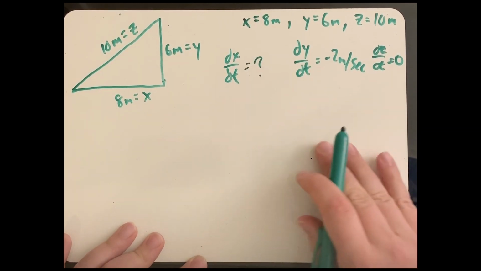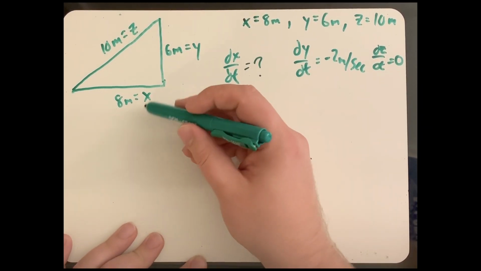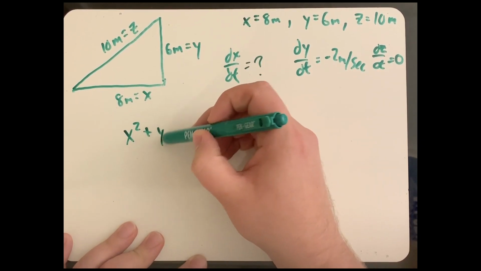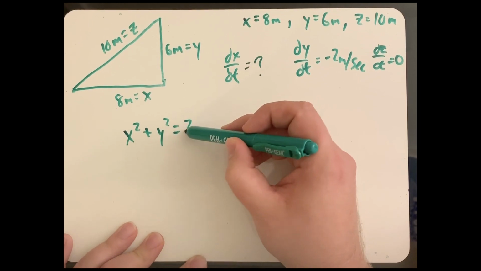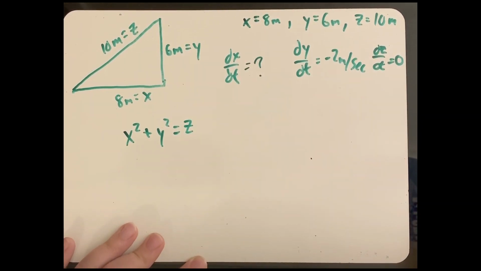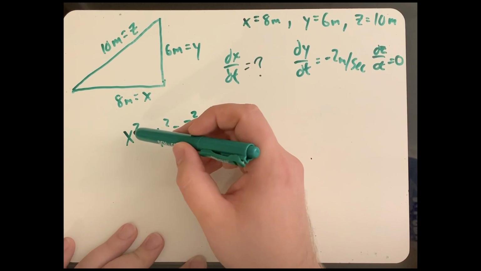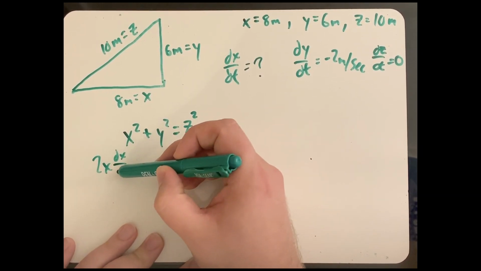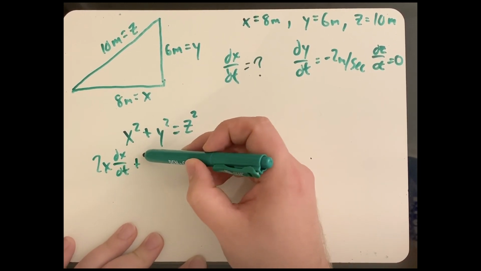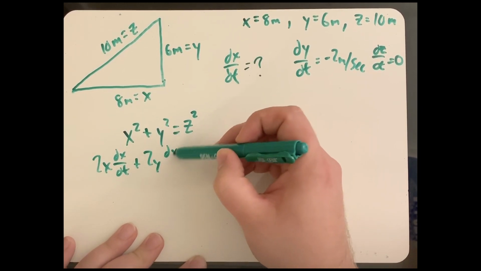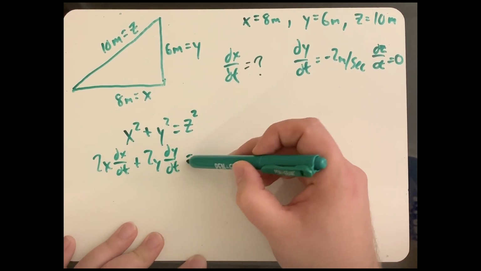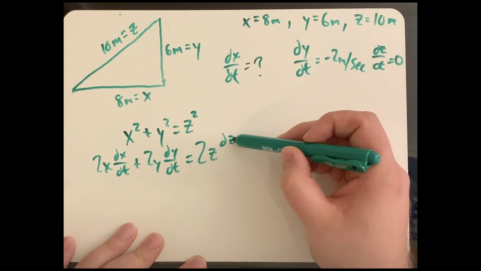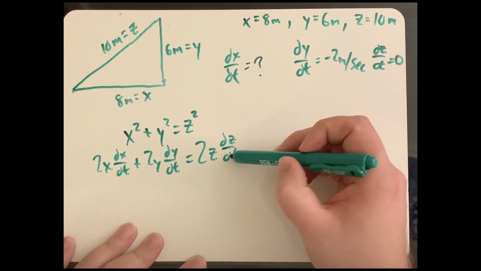All right, so then we go into our known equations. Well, this is a simple Pythagorean theorem. x squared plus y squared is equal to z squared. We derive this implicitly, so that would be 2x times dx dt plus 2y dy over dt equals 2z dz over dt.